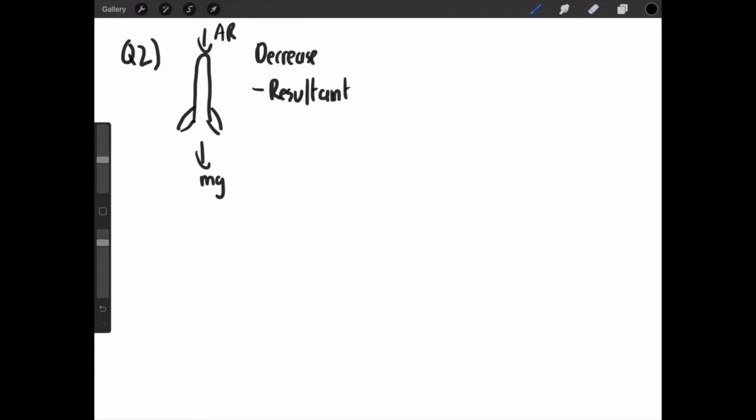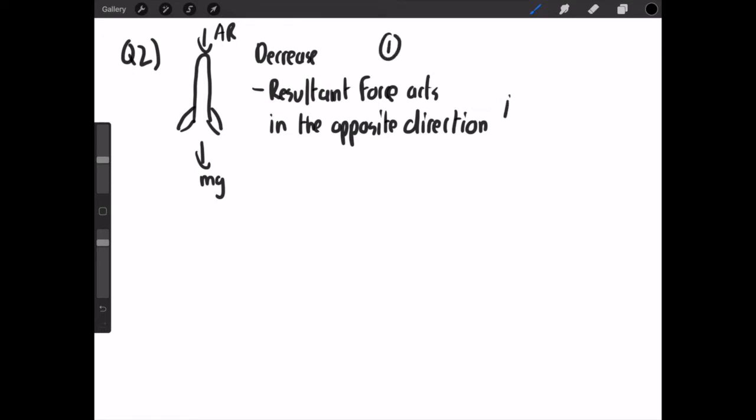The resultant force acts in the opposite direction. So that's obviously 1 mark for getting decrease and 1 mark for saying resultant force acts in the opposite direction.